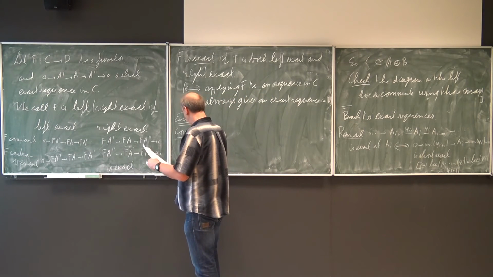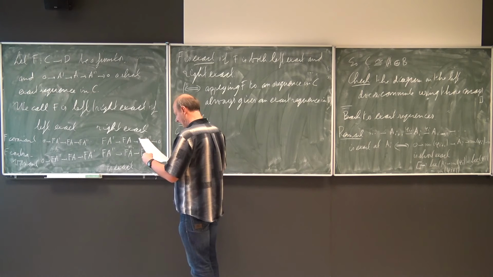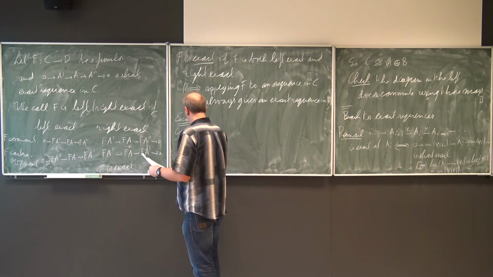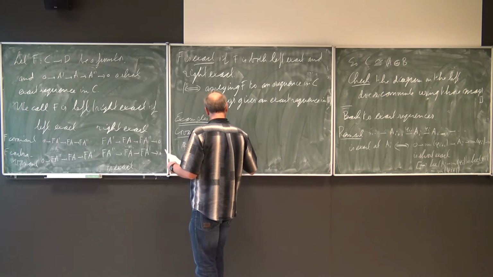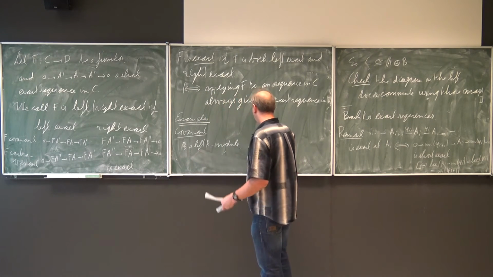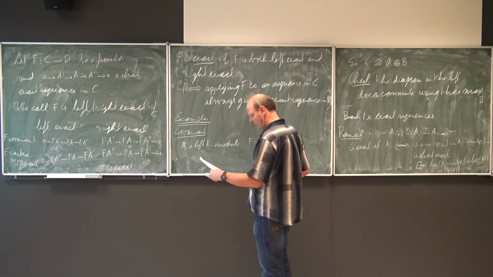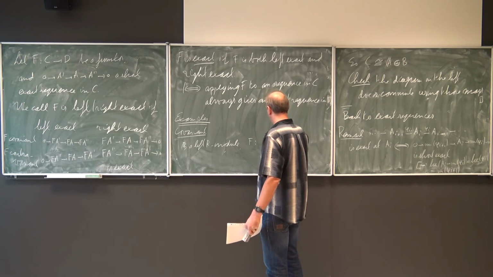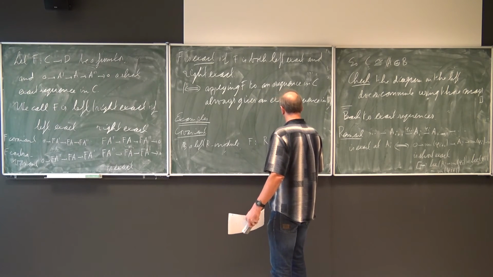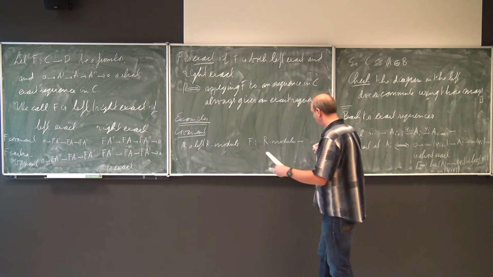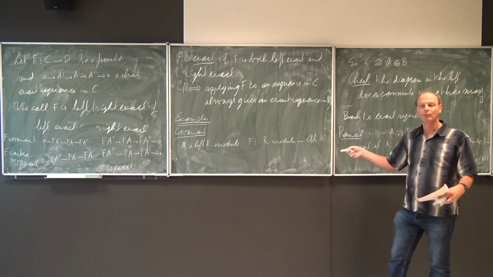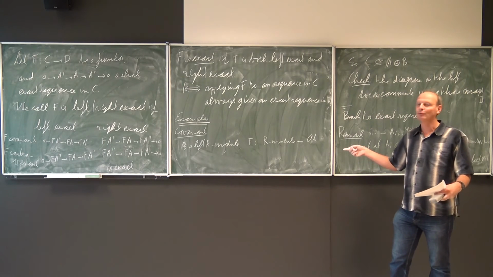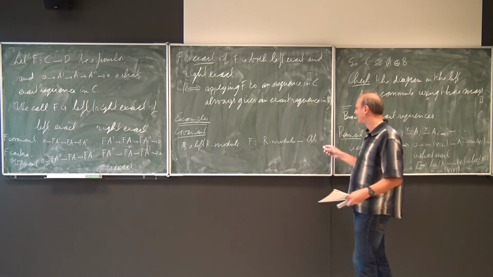So the first one will be, B is a left R module. And I take F from R modules to abelian groups, and I'm actually not sure, maybe I should write Z modules, but anyway, the category of abelian groups.